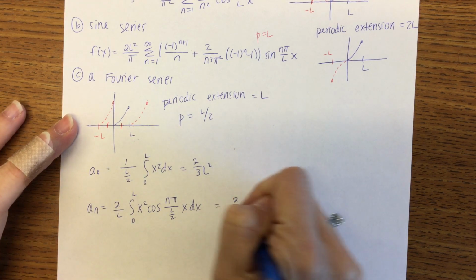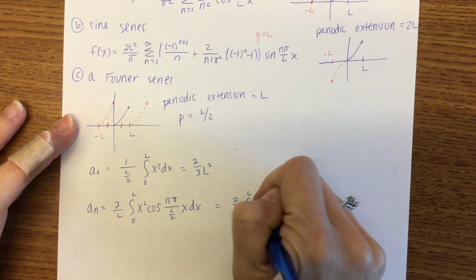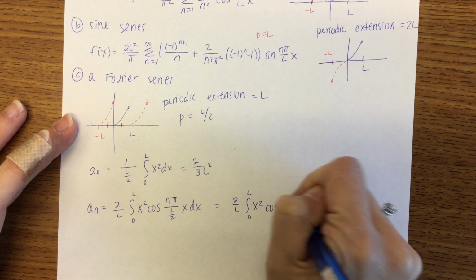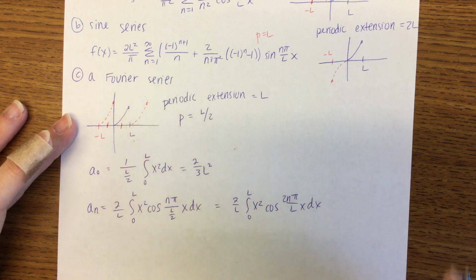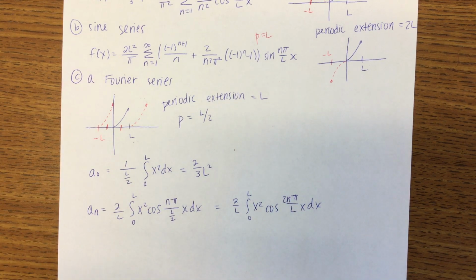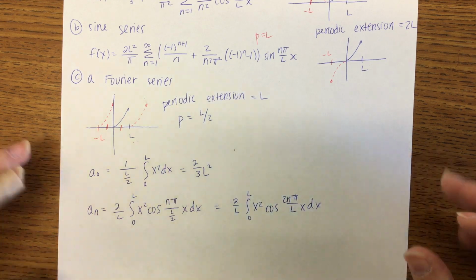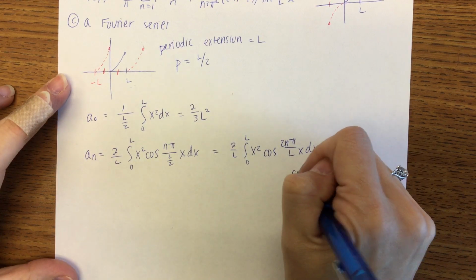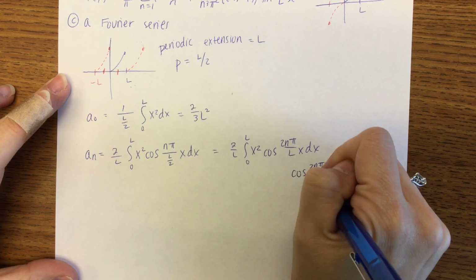Okay, so this is going to be 2 over L, integral from 0 to L of x squared cosine of 2n pi over L x dx. We're going to have to do tabular, obviously. So this is going to be cosine of 2n pi over Lx.